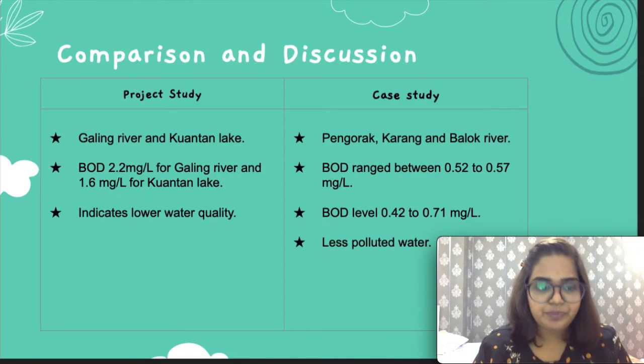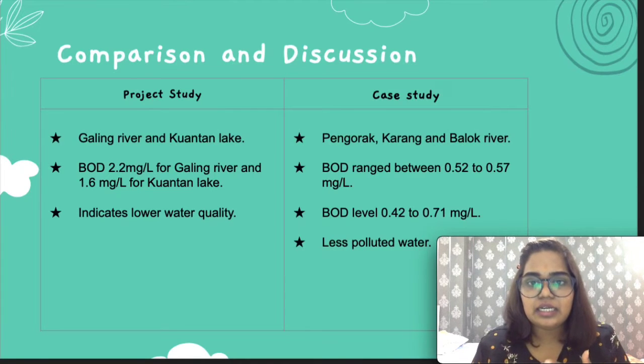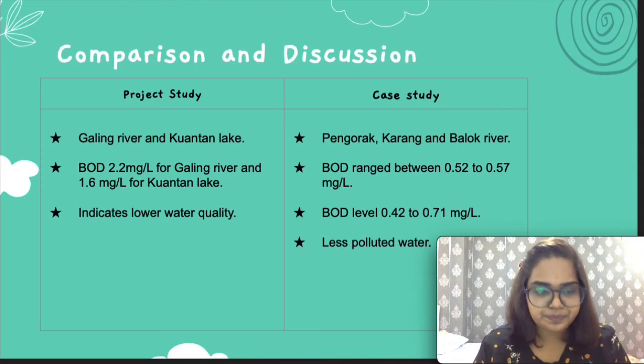To compare with our case study, it was conducted in the year 2017 and tested water samples from three Kuantan rivers, which are Pengora, Karang and Balok River. The first BOD obtained ranged between 0.52 to 0.57 mg per liter.